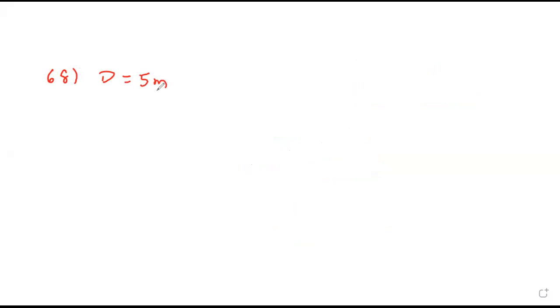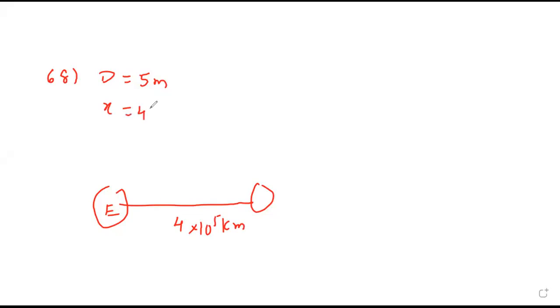If the separation between moon and earth is 4 into 10 raised to 5 kilometer, so I'm writing x is 4 into 10 raised to 5 kilometer, which is 4 into 10 raised to 8 meter.